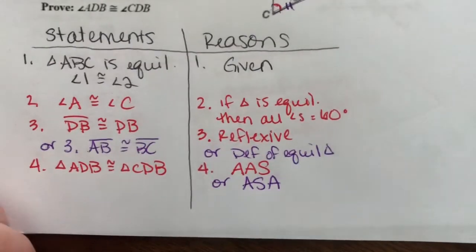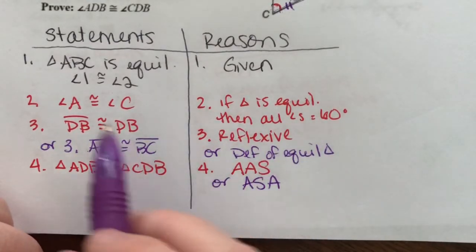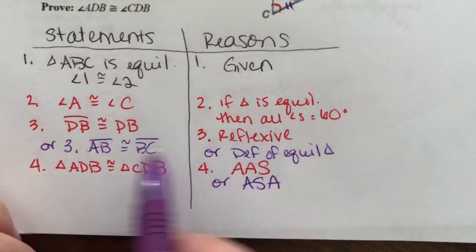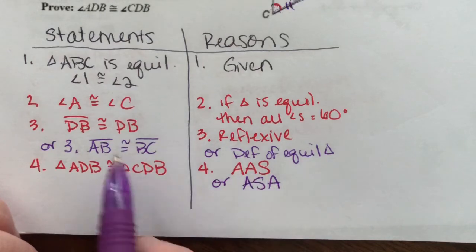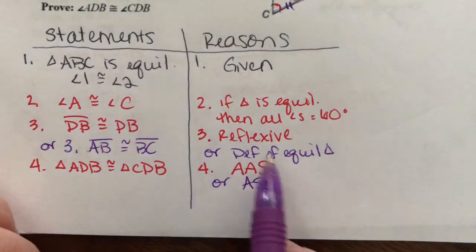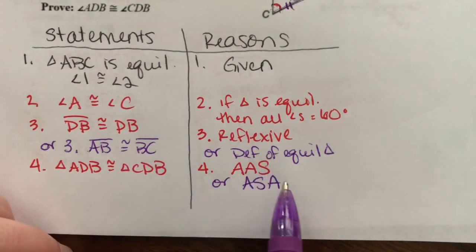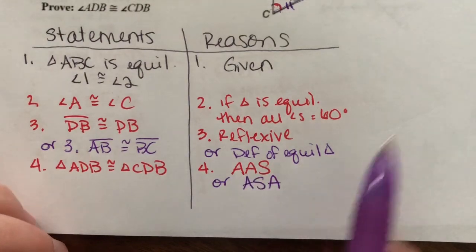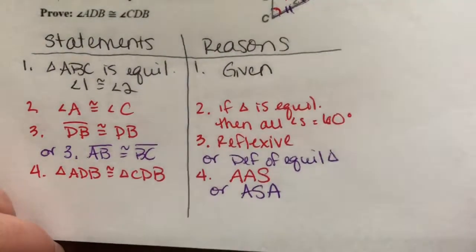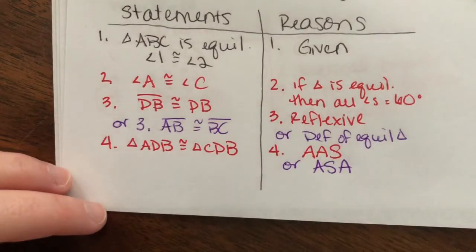So you had choices there. You could have just done the red, or for number 3, you could have taken that out and just done the purple, right? And if you'd done the purple, then instead of using AAS to prove my triangle is congruent, it would have been ASA, because the side that we proved congruent changed, okay? But regardless, whatever you did for step 4, then we had step 5.